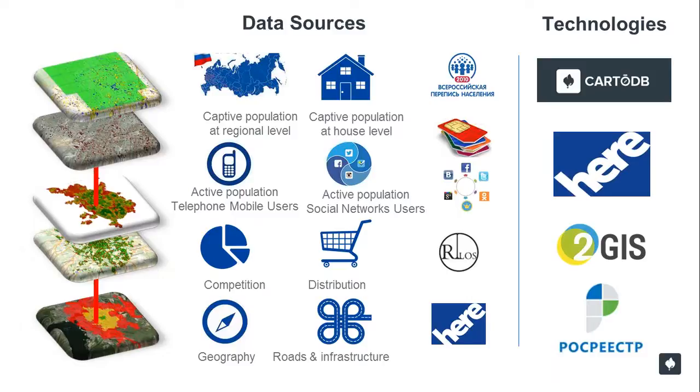So we've been screening all of these data sources for Russia at first and then for the rest of the countries that we cover right now. And we've been sourcing technologies as well that would allow us to reach these KPIs.